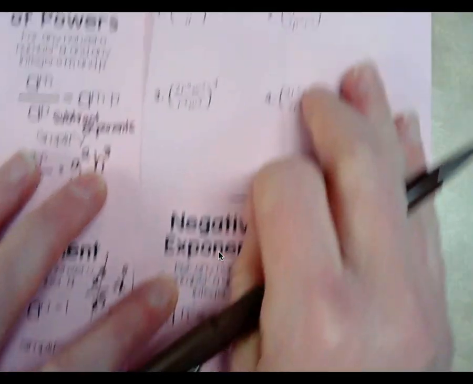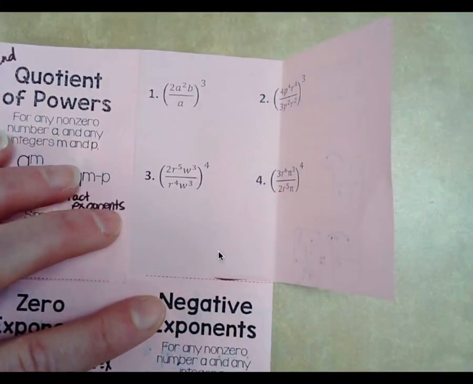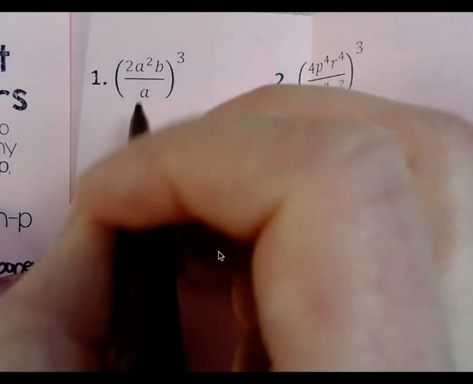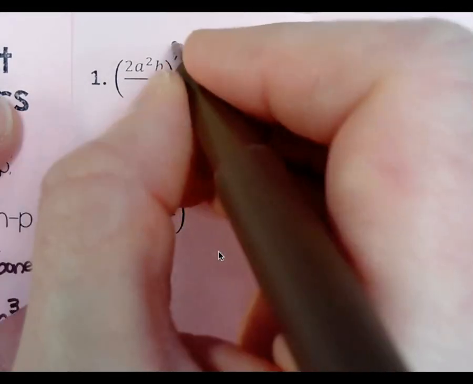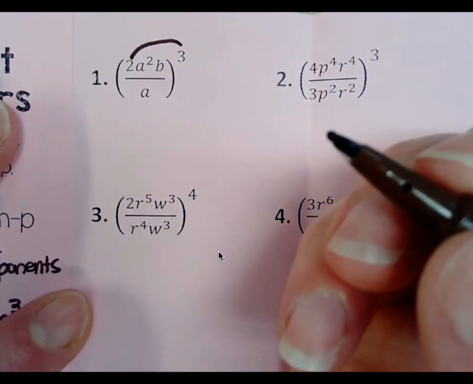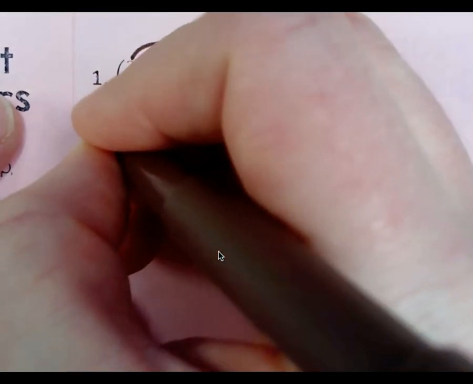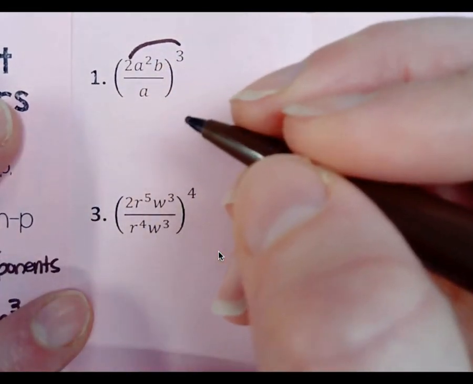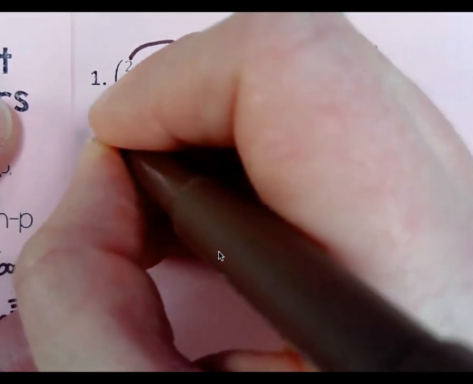All right, so let's look at the problems on the inside. We'll start with number 1. So this is to the 3rd power, so we're going to send it in and find out what 2 to the 3rd power is. It's 8. 2 times 2 is 4, 4 times 2 is 8. So 8's on top.